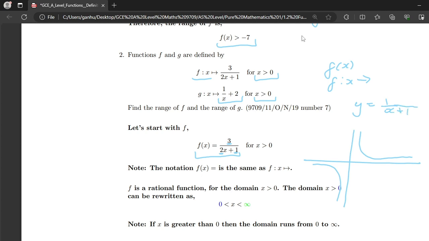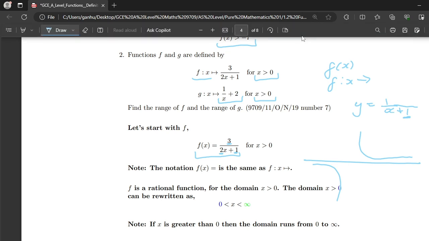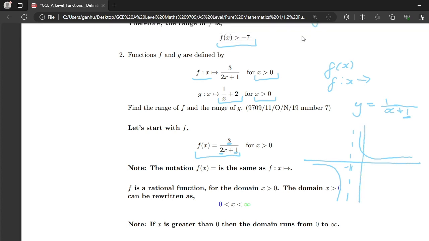If you add a plus 1 to the graph of 1 over x, this plus 1 represents a shift or a translation in the x-axis by minus 1 unit. So that would look something like this. That would mean this line would become negative 1, and then your y-axis would be somewhere here.